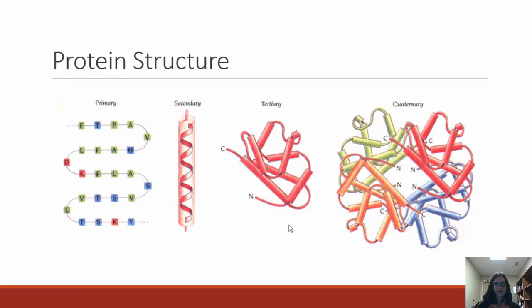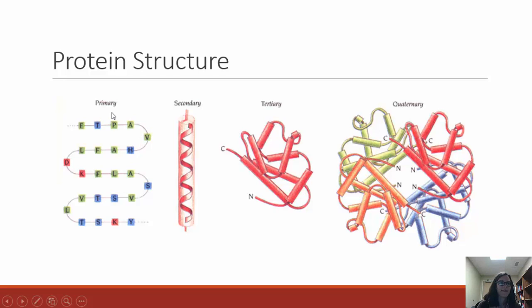And many of the proteins in our bodies exist in tertiary structures. So this includes our transport proteins, our enzymes, and our immunoproteins. And a protein gains a tertiary structure when there are interactions between amino acid residues that are considerable linear distances from each other along the polypeptide chain. So in the secondary structure, these weak interactions are occurring close by, between amino acids that are close to each other.